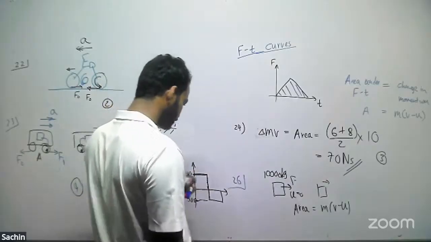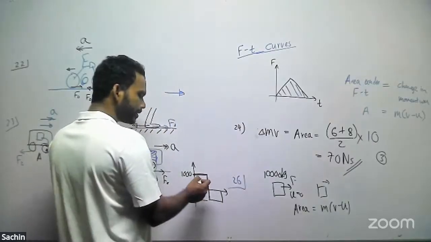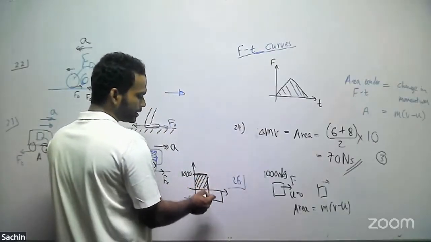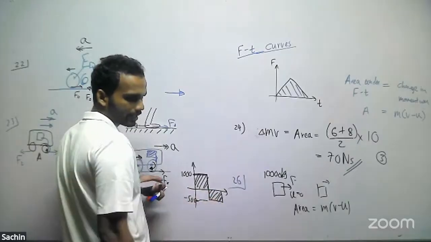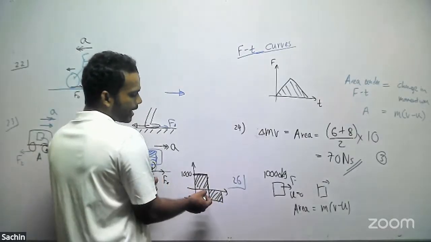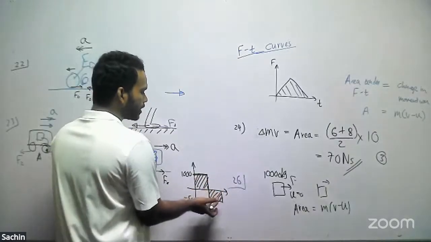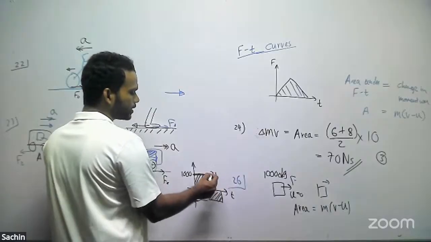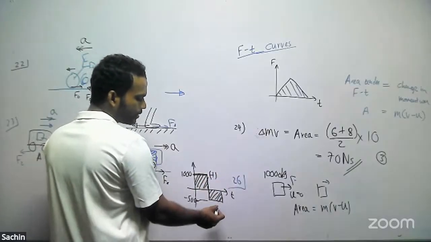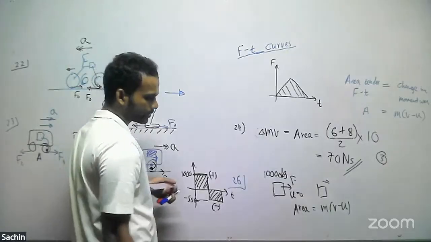Sorry, 1,000. When calculating the area here, remember that the area should be calculated by considering the algebraic sum. That means the areas above the time axis should be taken positive. The areas below the time axis should be considered negative.